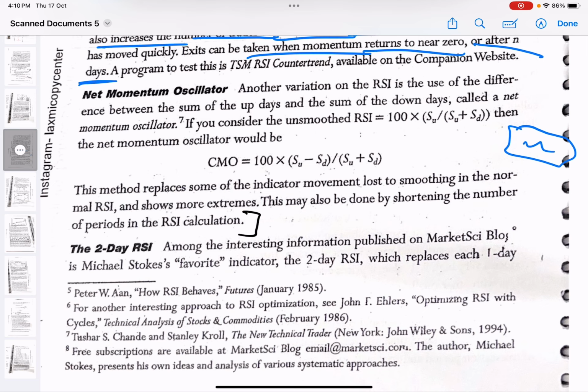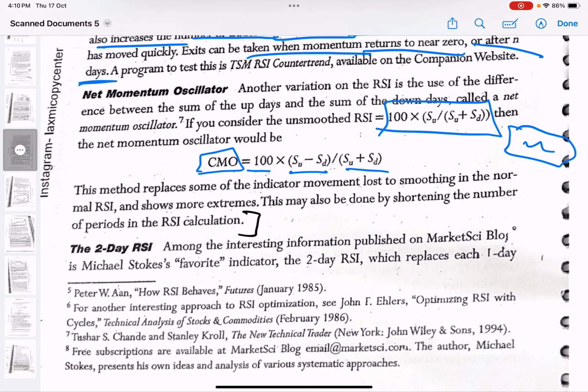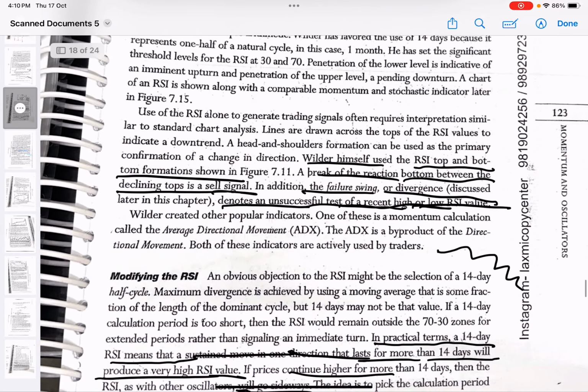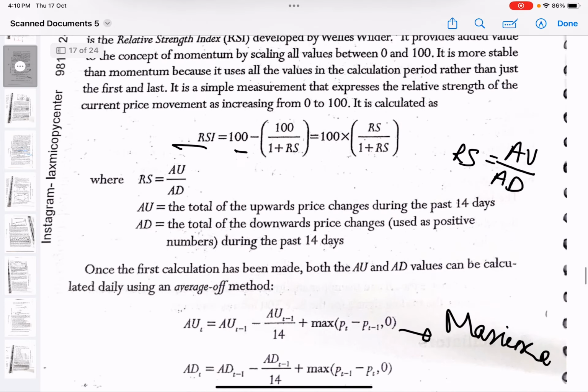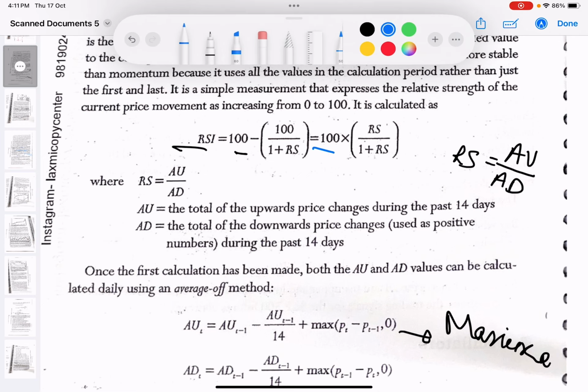If you consider the unsmoothed RSI, then the net momentum oscillator, or CMO, is 100 multiplied by SU minus SD divided by SU plus SD. If you are getting confused, always go back to your notes and see the initial formula: 100 multiplied by RS divided by 1 plus RS, where RS is the total upward price changes divided by the total downward changes.